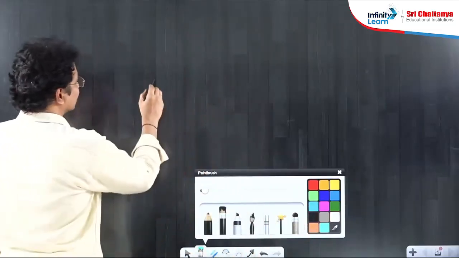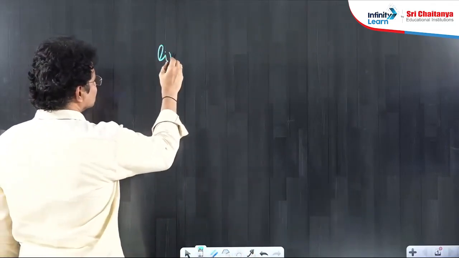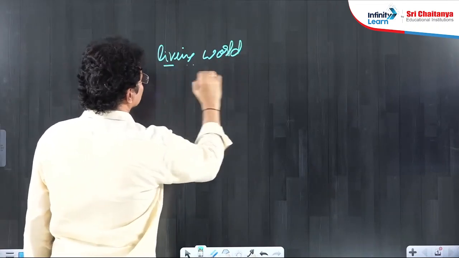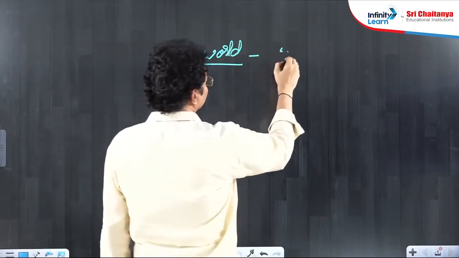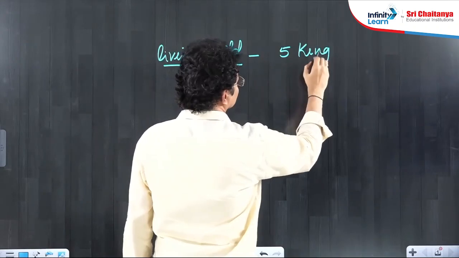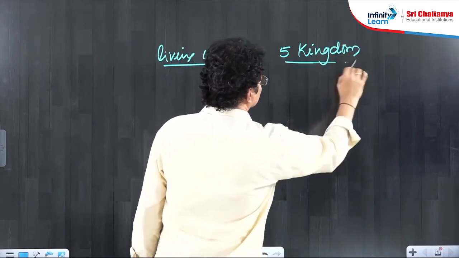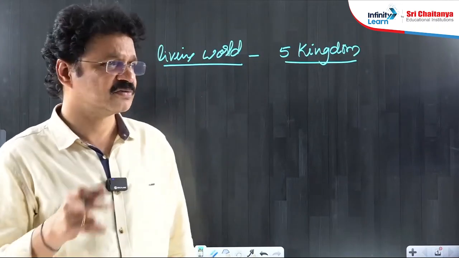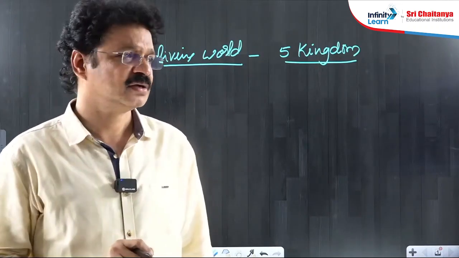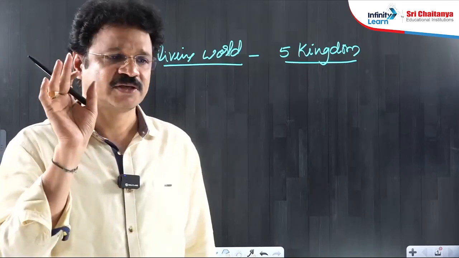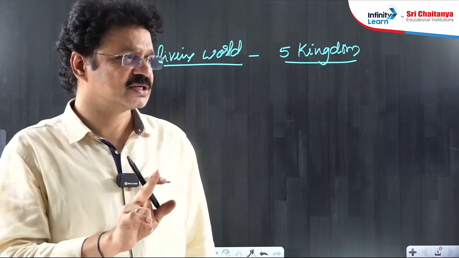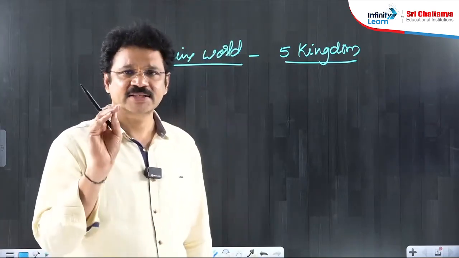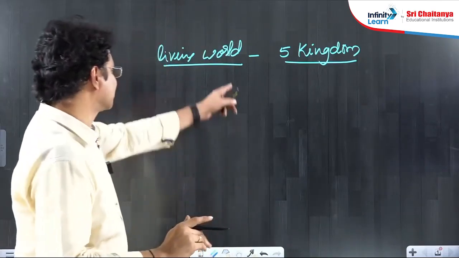According to the scientist Whittaker, the living world is divided into how many kingdoms? 5 kingdoms. 2 kingdom classification is there, 3 is also there, 4 also, and 5, 6, 8 kingdom classifications are also there. The recent classification is the 8 kingdom classification. The 6 kingdom and 8 kingdom classifications are not mentioned in our syllabus. The 5 kingdom classification is widely accepted by the majority of biologists.